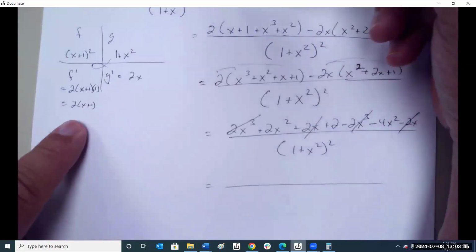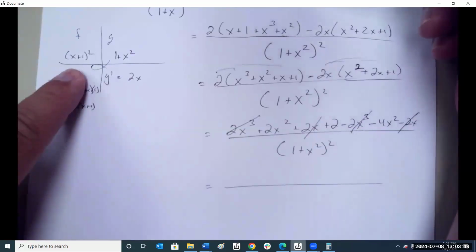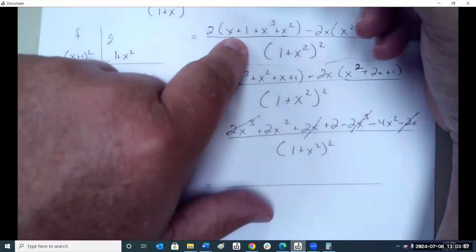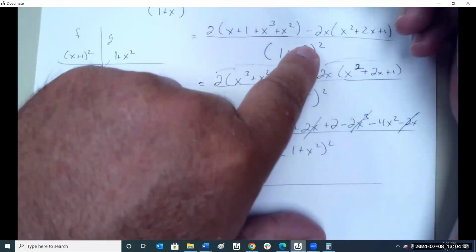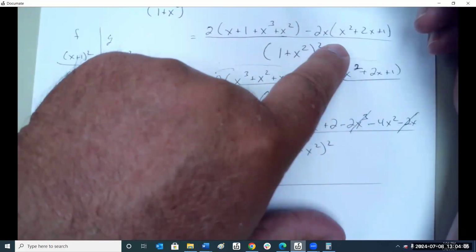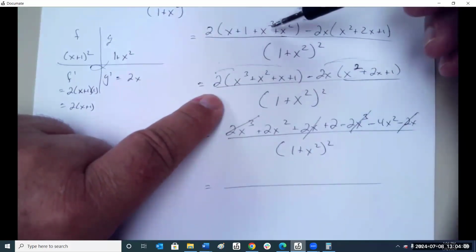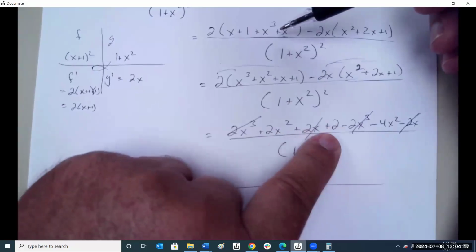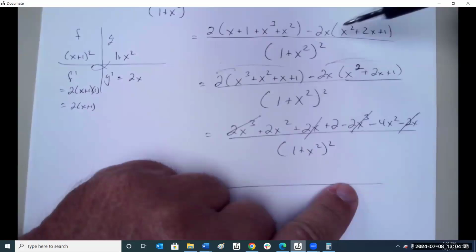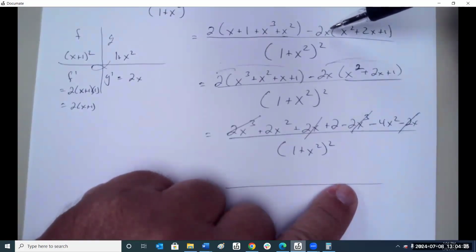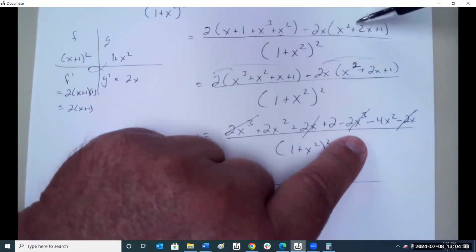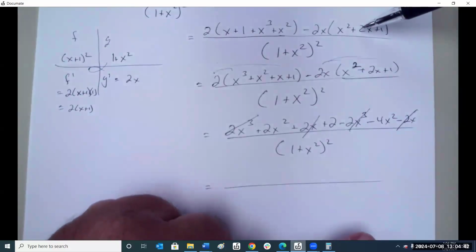(1 plus x squared)(2x plus 1) minus 2x(x plus 1) squared. 2x cubed, 2x squared, 2x and 2. 2x squared, cubed, or x squared, minus 2x.